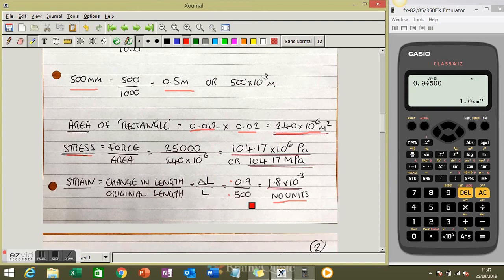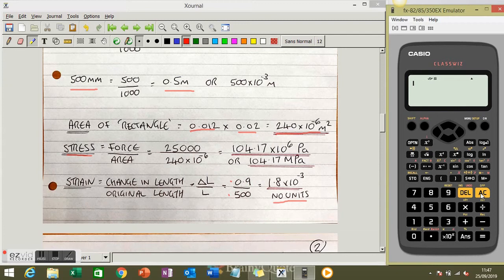You could, if you wanted to, convert them into meters, just to show you get the same answer. So 0.9 of a millimeter is going to be that much of a meter: 0.9 divided by 1000. Divide that by 500 millimeters in a meter, which is going to be that.